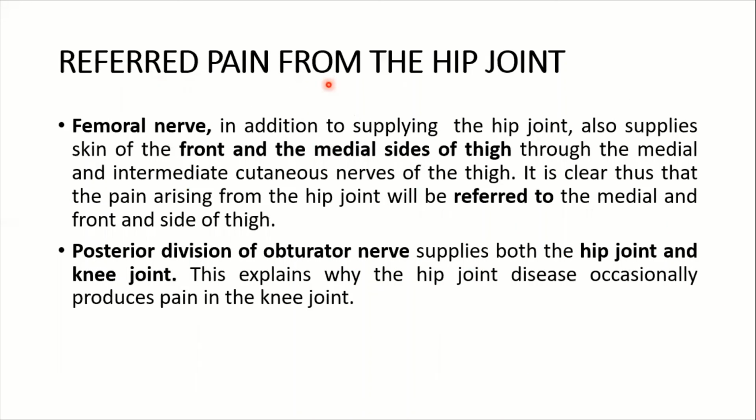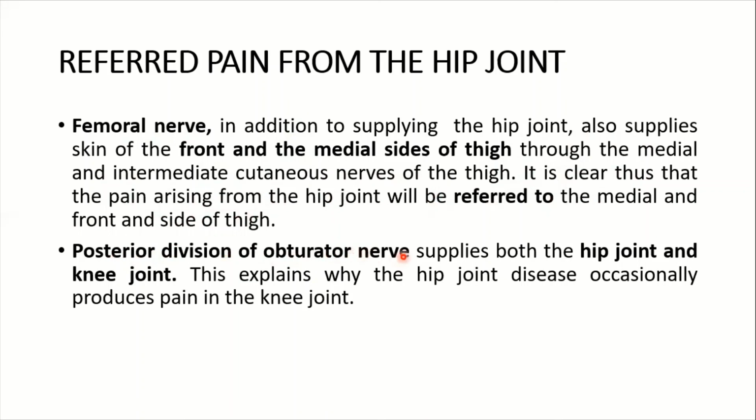So referred pain from the hip joint to the knee joint. What's the cause? The femoral nerve, in addition to supplying the hip joint, also supplies the skin of the front and the medial side of the thigh through the medial and intermediate cutaneous nerves of the thigh. It is clear thus that the pain arising from the hip joint will be referred to the medial and front side of the thigh.